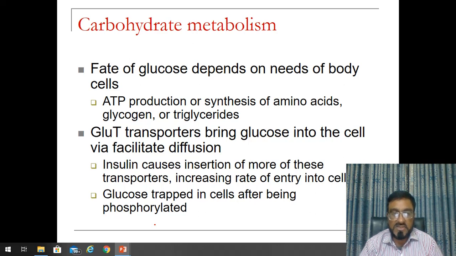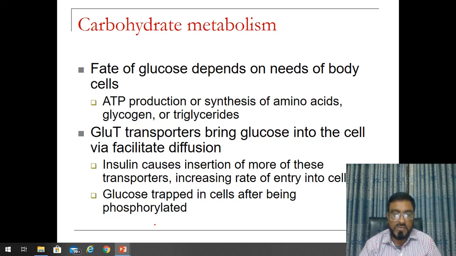The fate of the glucose depends on the need of the body cells: ATP production, or synthesis of amino acids, glycogen, or triglycerides. It can be used for ATP production, amino acid synthesis, or converted into glycogen, or even converted into triglyceride to store in the body.